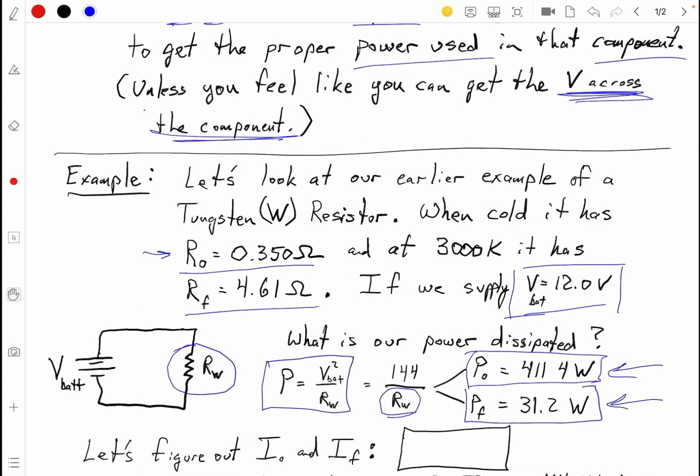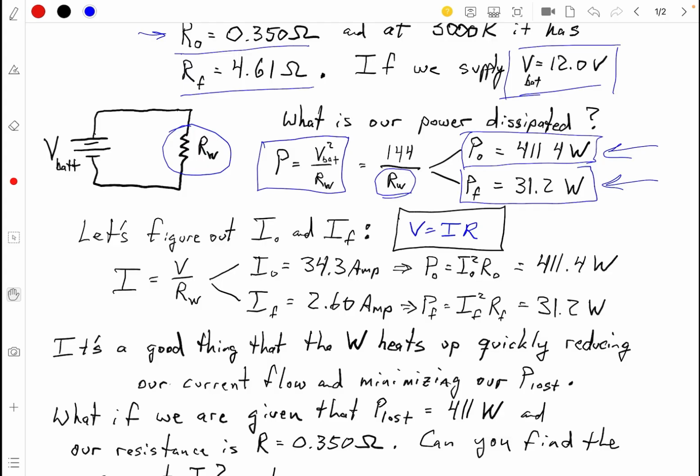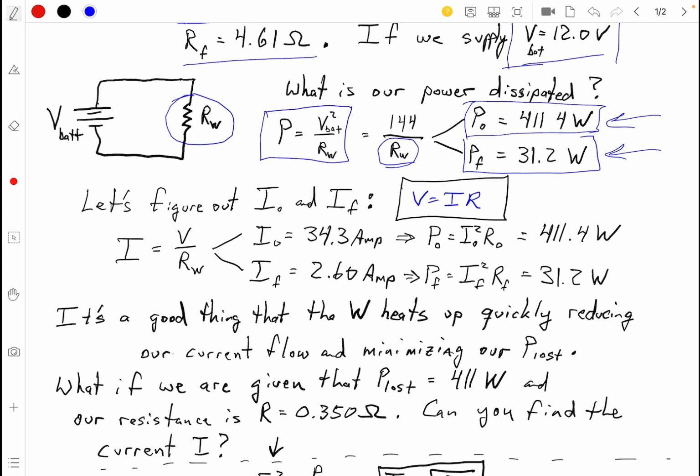All right, so let's figure out our I initial with the lower resistance and our I final. Okay, what are we going to use to do that? Well, we're going to use our V equals IR, and then we're going to twist that V equals IR to solve for I, and that's this equation right here.